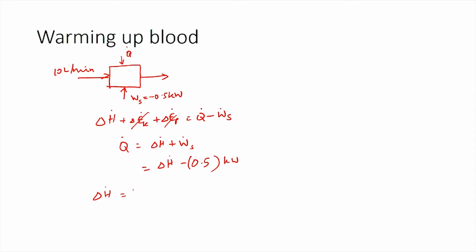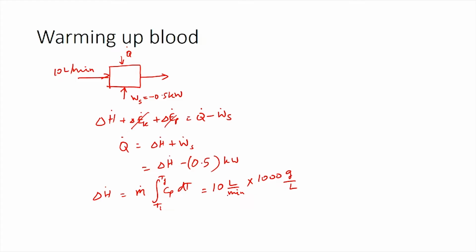We have been given the Cp value for blood. Using this, we know that delta H dot can be calculated as m dot integral Cp dT from T initial to T final. Here m dot would be 10 liters per minute times 1000 grams per liter.